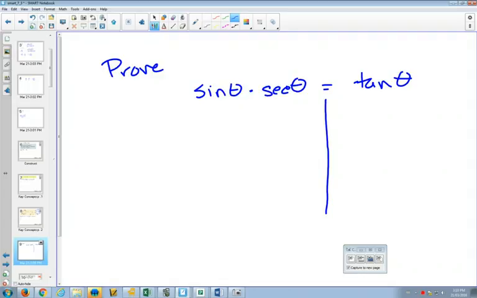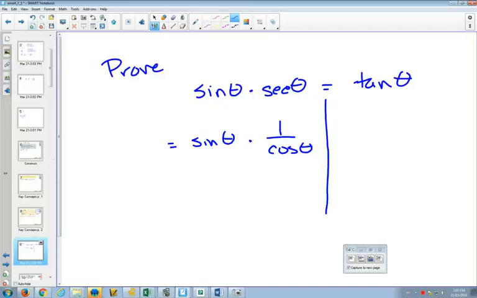To start with, we're going to take some of the little identities that we already know and ask, what could I change in this expression? I could change the secant. What could I change the secant to? 1 over cos theta. So I know that secant is equal to 1 over cos.